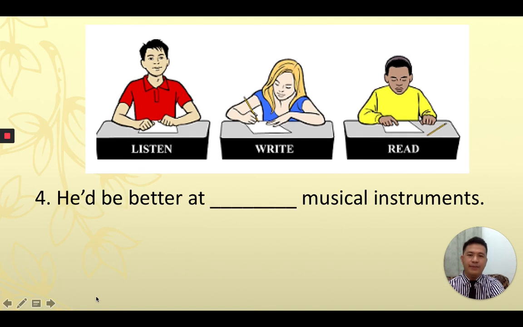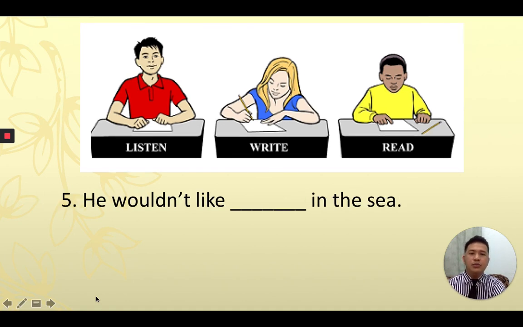Number 4, he'd be better at playing musical instruments. And number 5, he wouldn't like swimming in the sea.